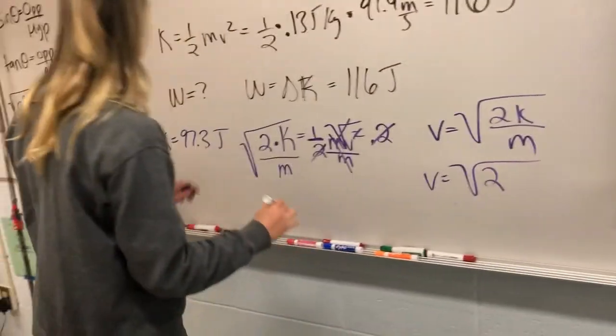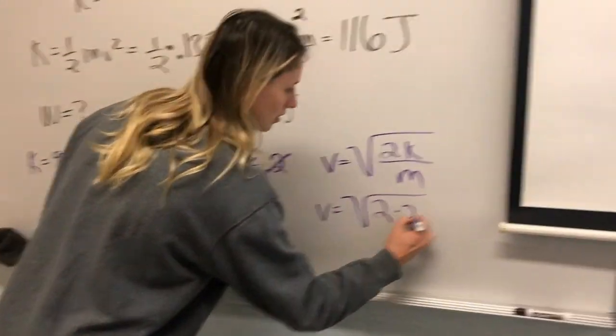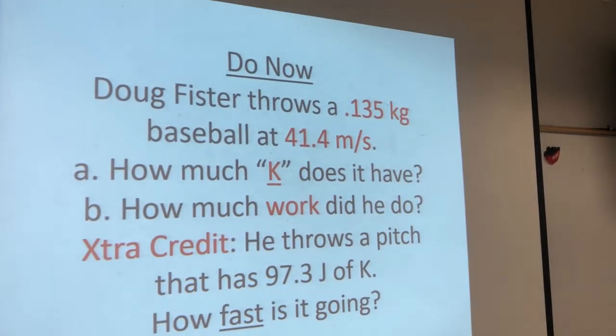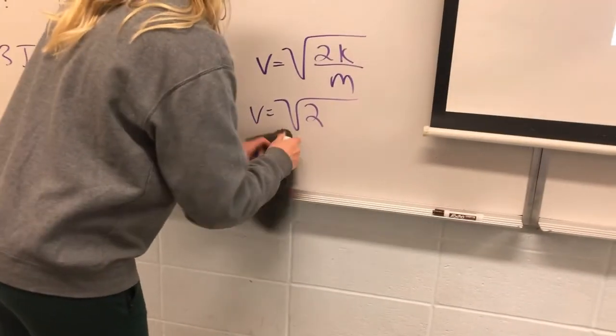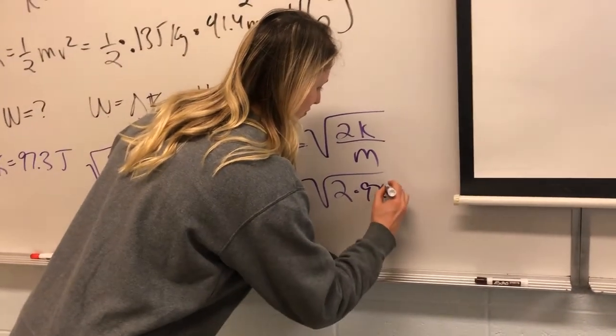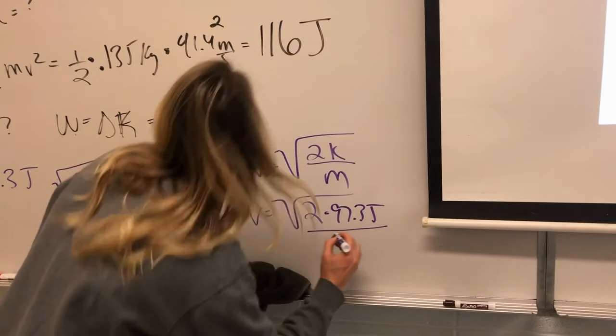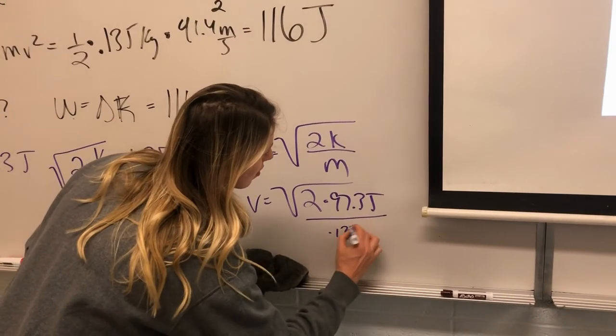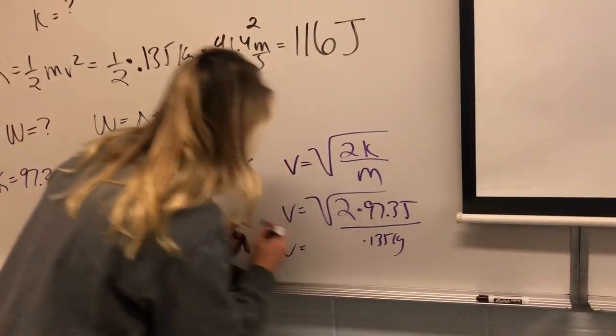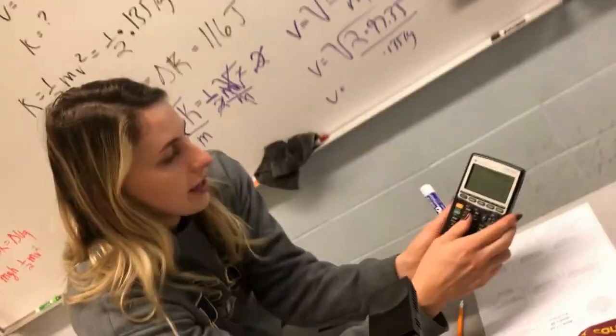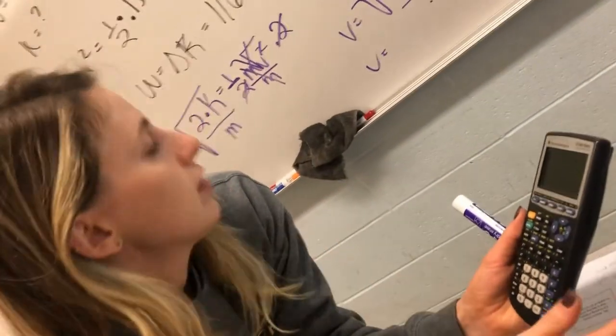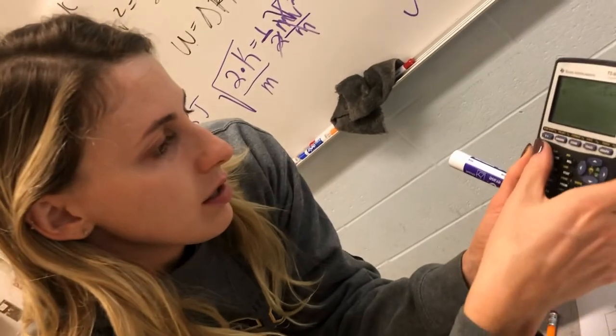The kinetic energy is 97.3 joules, and the mass is 0.135 kilograms. Let's go ahead and do the square root.